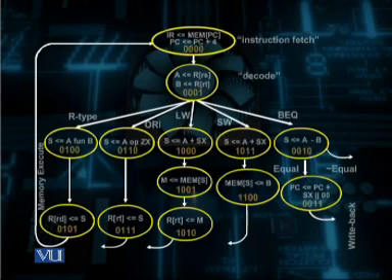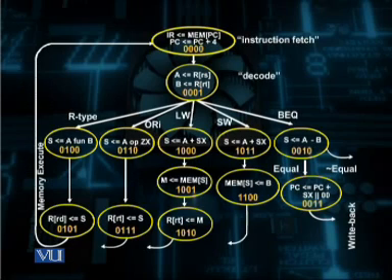Let us consider the sequence diagram shown here for a subset of the instructions, but it covers all three types of instructions: the register type, I type, and J type instructions. As you can see from this diagram, at the topmost position, the first state is the instruction fetch state.